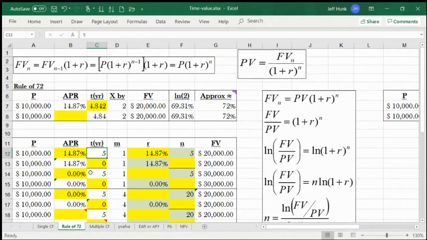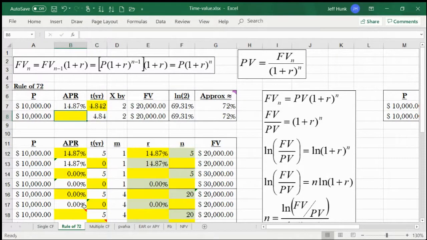Now, another way we can use rule of 72 is, time is known, right? So you want to grow your principal twofold in about 4.82 years.